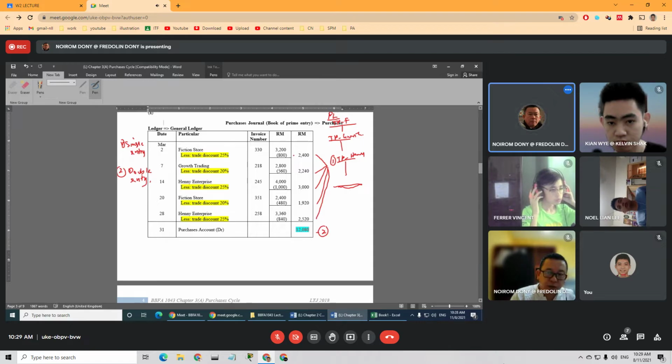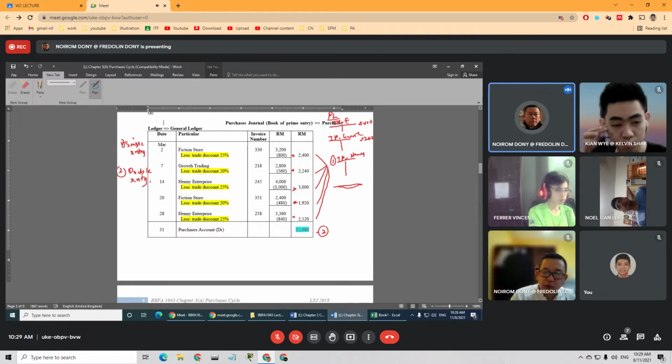So we record Fiction 2,400. Record Growth 2,240. We credit. You understand why credit? Because this is a credit item, liability. So credit purchases increase the trade payable.